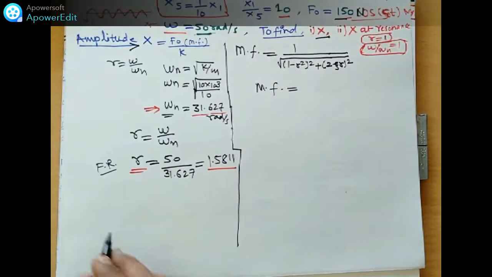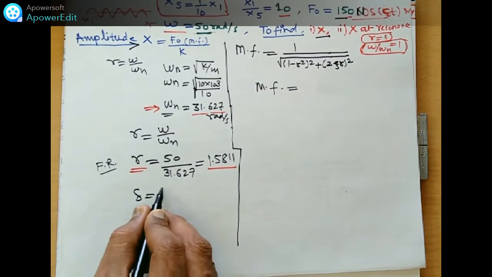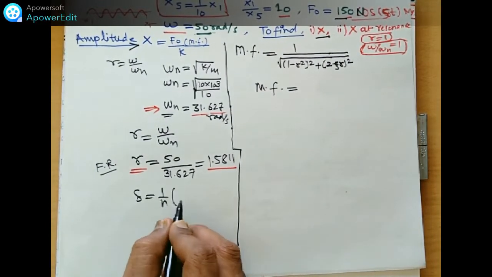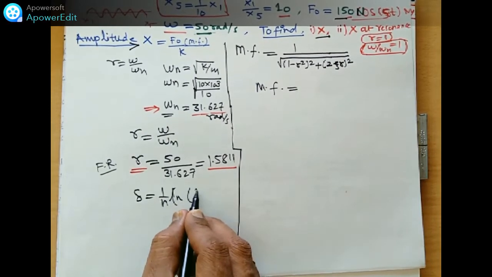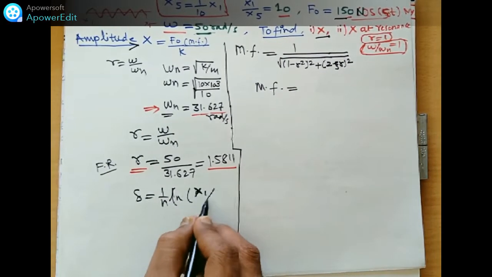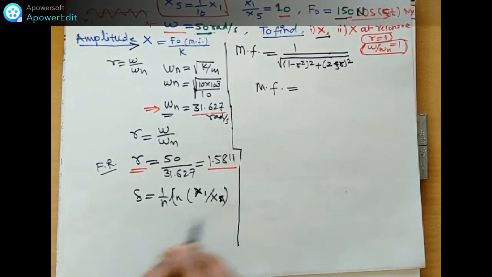Delta is equal to 1 upon n into ln of x1 by xn. You can write xn here in this case.